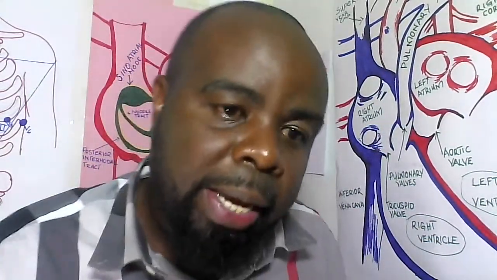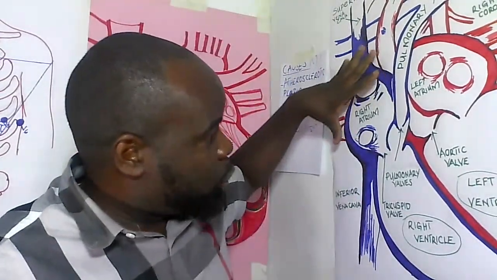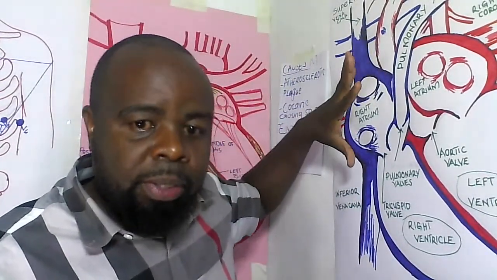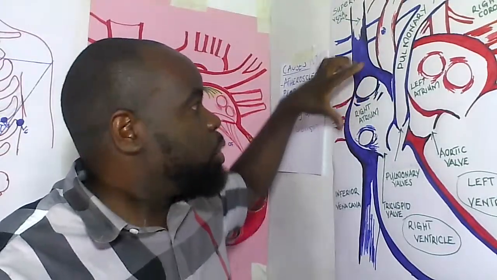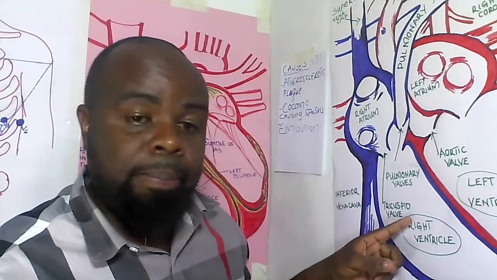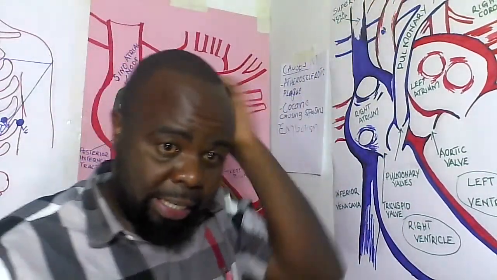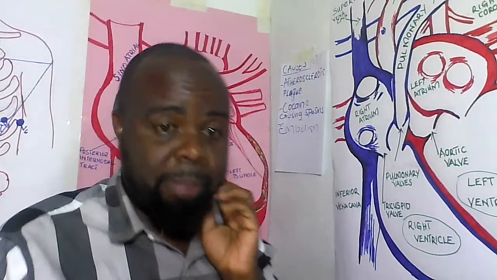What makes this atrium contract so that blood can come down to the ventricles to be pushed away from the heart?